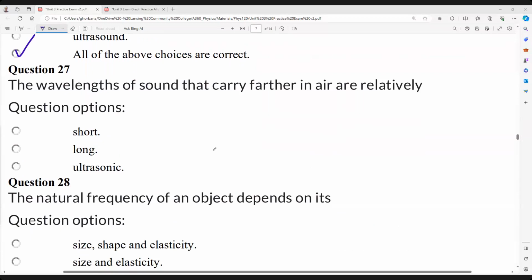Those compressions and rarefactions are because of interference. Each one of those peaks would be one beat. So the beat is created by the interference of the sound waves. Interference is the right choice for this.